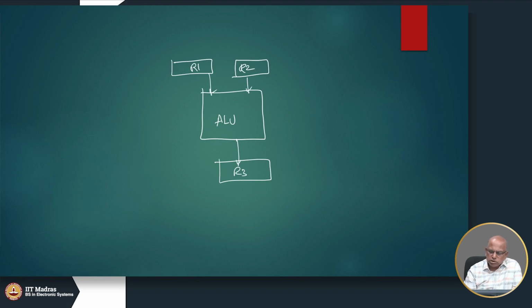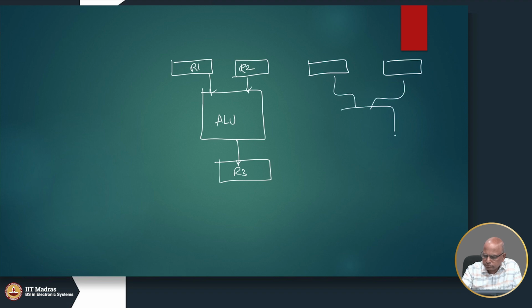So what I could do is build these using BILBOs. So the ALU is a circuit under test. Let me call them B1, B2, B3. So these are all BILBOs.